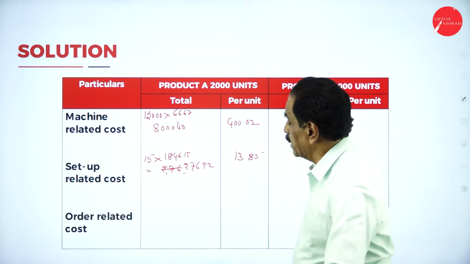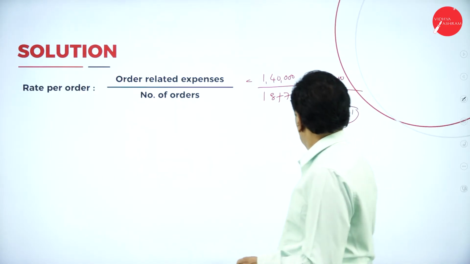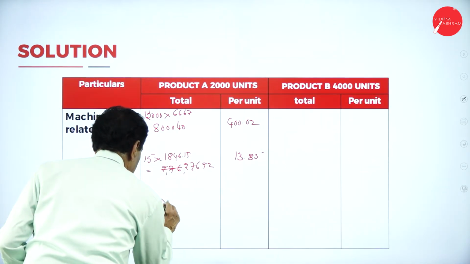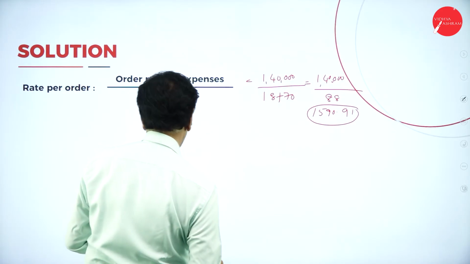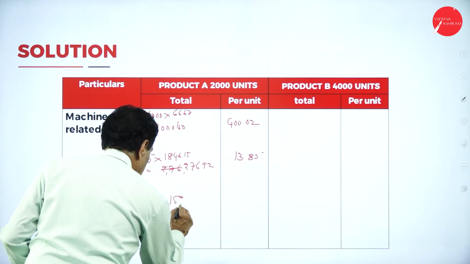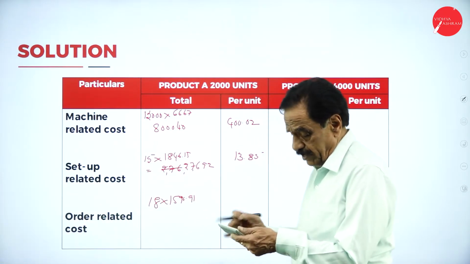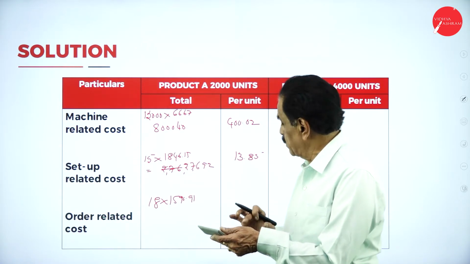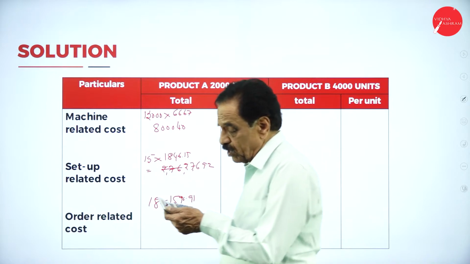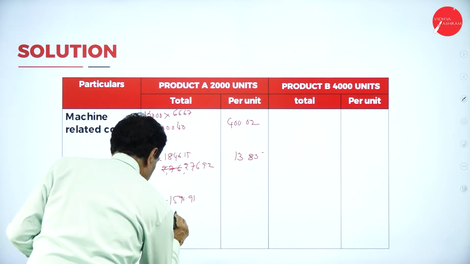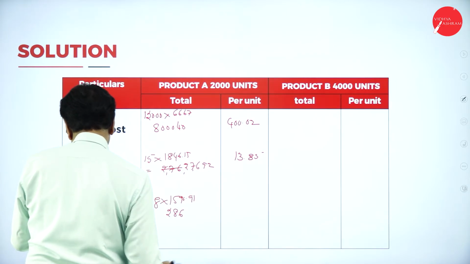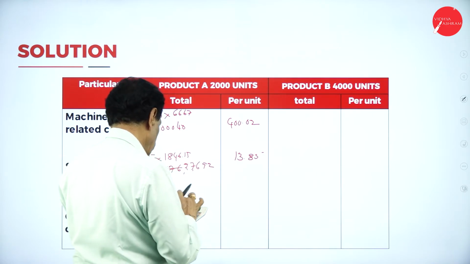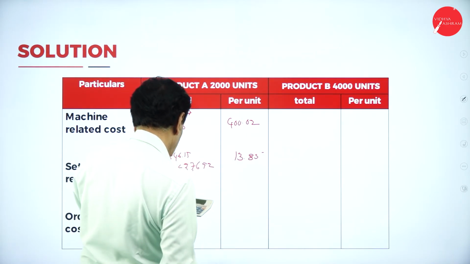Then order related cost: 1,590.91 into the number of orders, 18. This is 28,636, divided by 2,000 units, gives 14.32.